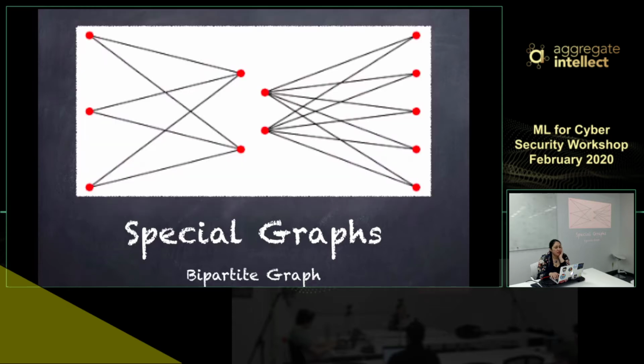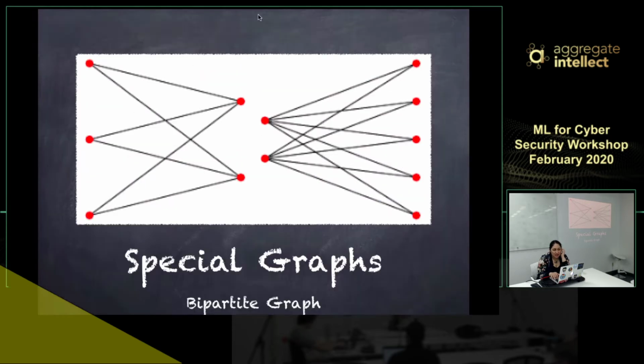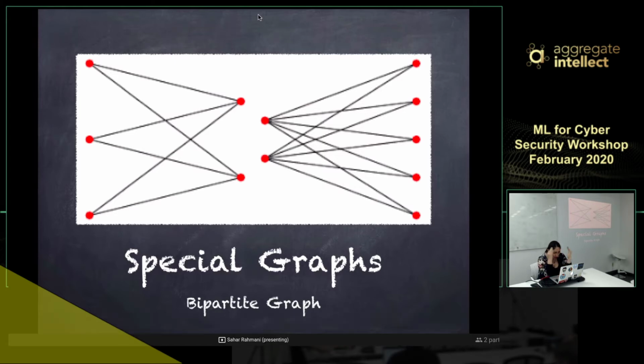There is another graph, the bipartite graph or bigraph. That means two sets of nodes. You can divide the graph into two sets of completely disconnected nodes, and then they connect to each other through different edges.